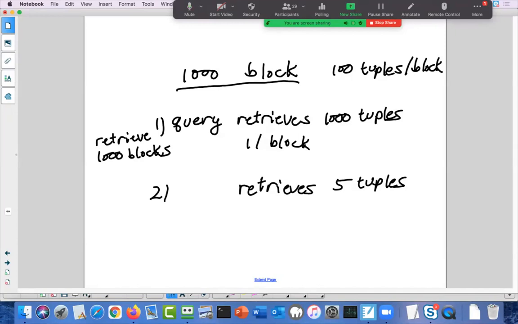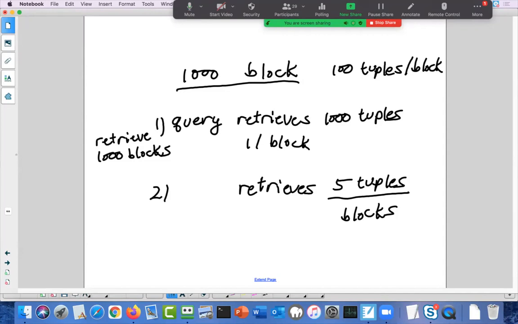Query 2 is only going to require us potentially to retrieve 5 of those blocks, not 1,000 of the blocks. So in query 2, if we have an index that allows us to only access 5 of the blocks rather than read 1,000 of them, that's a huge win. It's going to be about 200 times faster to execute the query with an index than by linearly reading through all the blocks of the relation.